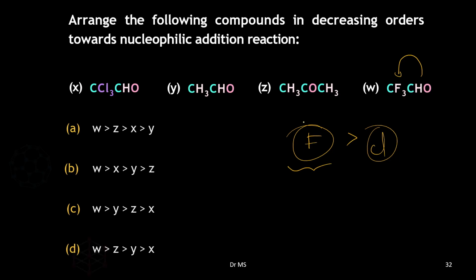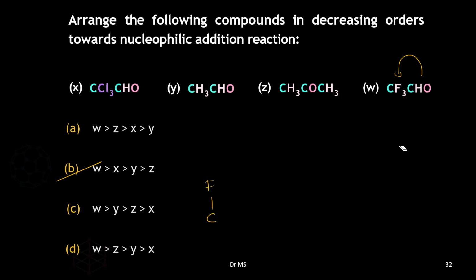Everyone correct? See what happened here. There is a carbon which is attached with fluorine, and there's a fluorine. And here there is a carbon which has a double bond O and hydrogen. If you see here, this fluorine is pulling the electrons from the carbon. This fluorine is also pulling the electrons.